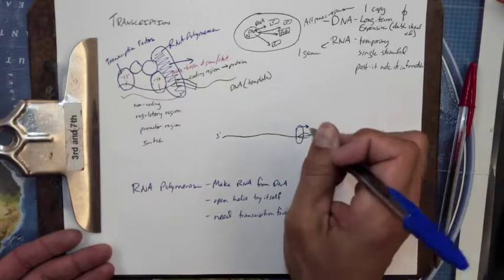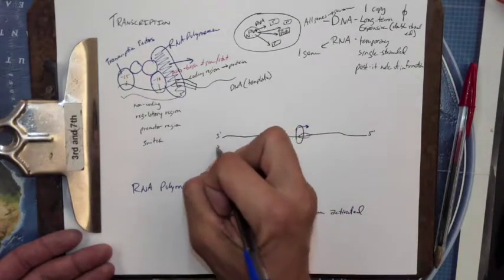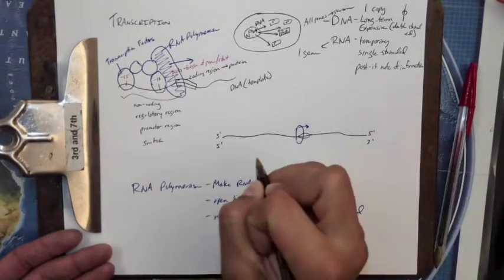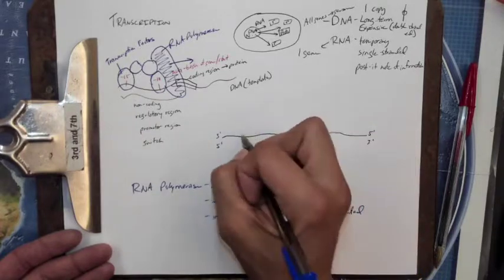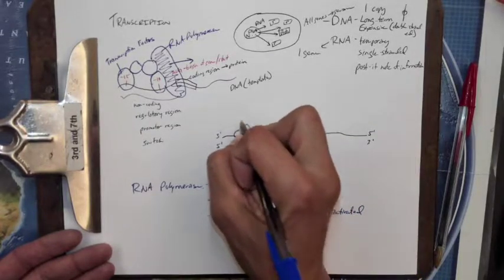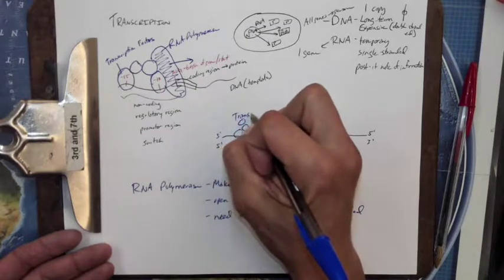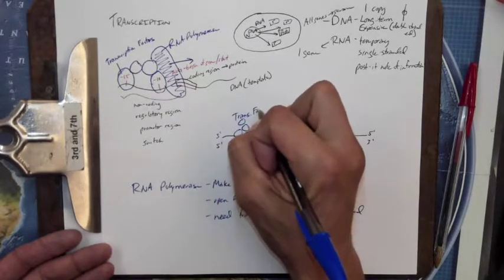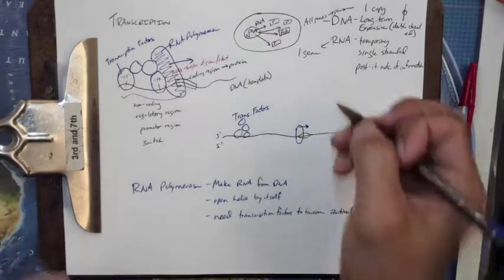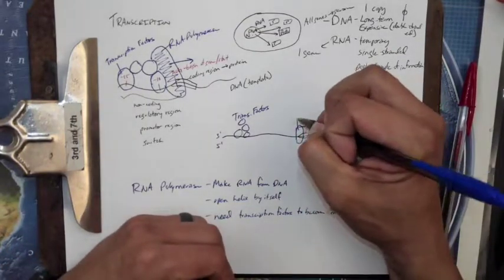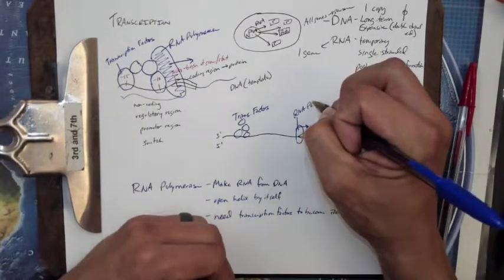So let's imagine it's reading the top part of this helix. That means on the bottom would be 5' and 3'. And then your transcription factors would be somewhere upstream from the start of that gene, and they would have been responsible for turning that RNA polymerase on in the first place.